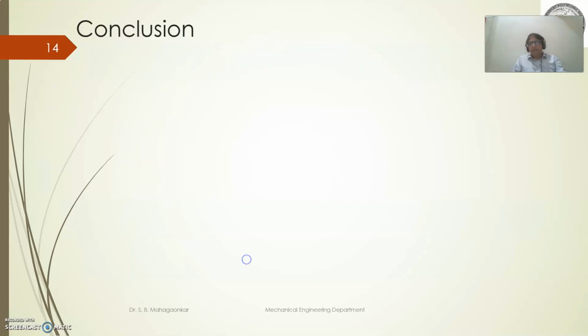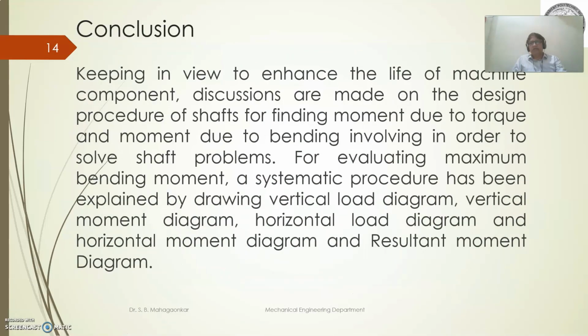So in conclusion, keeping in view the enhancement of the life of machine components, discussions are made on the design procedure of a shaft, for finding the moment due to the torque and the moment in bending.